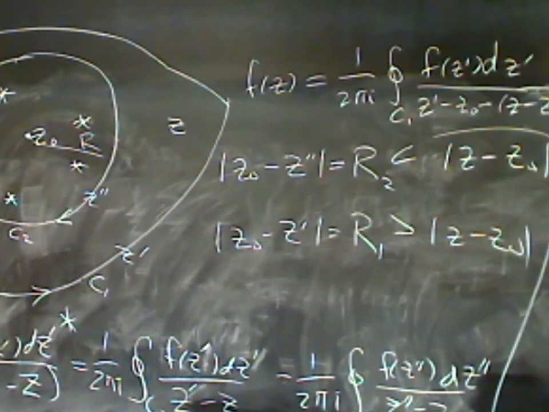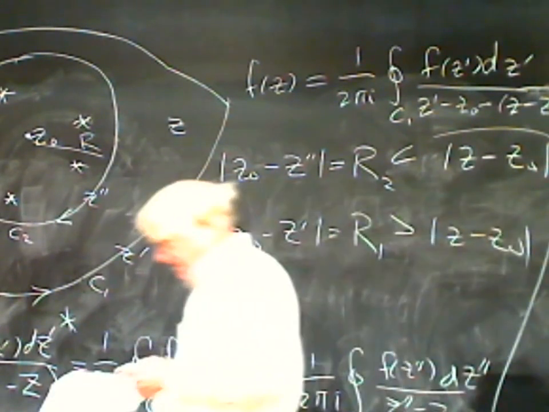The next term is 1 over 2 pi i integral C2 f of z double prime dz double prime over z minus z0 times 1 minus z double prime minus z0 over z minus z0. So that's what our integrals look like now.